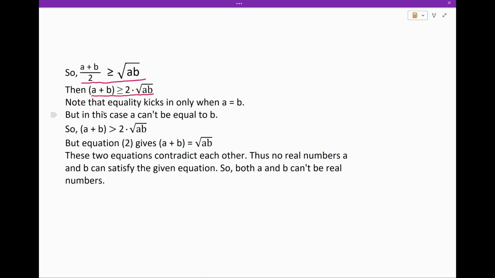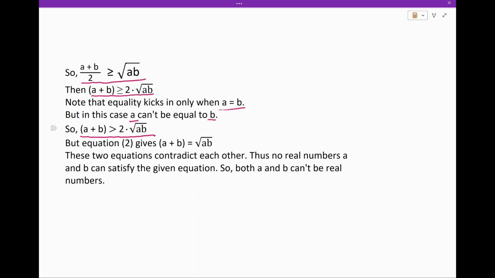Note that the equality holds only when a is equal to b. But in this case, a cannot be equal to b. We have discussed this earlier. Therefore, a plus b has to be greater than 2 multiplied by square root of ab.